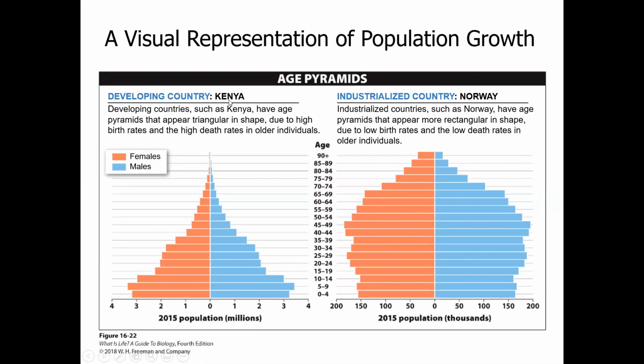With our example of Kenya, we see that in these lower age cohorts, 0 to 4, 5 to 9, 10 to 14, the base is very wide. We have a lot of individuals alive at this point, which indicates a very high birth rate because a lot of individuals are being introduced into this population.